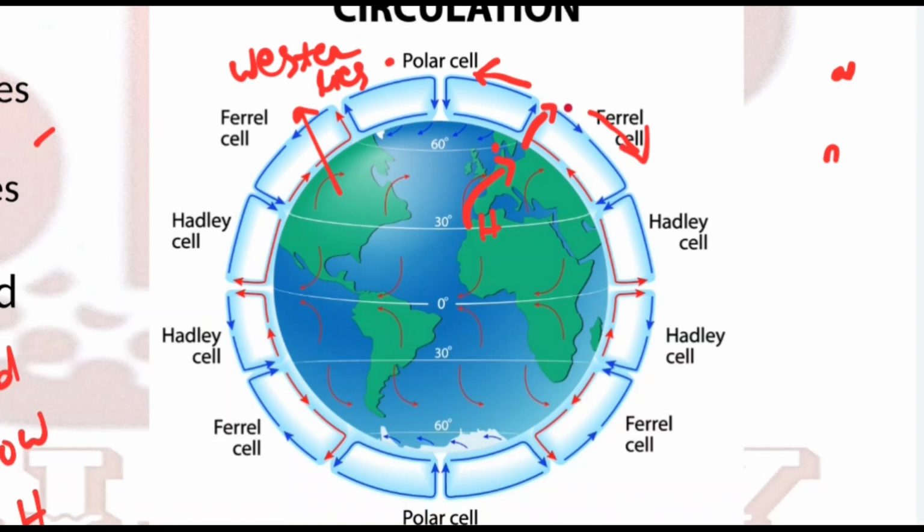The part moving towards the equator will descend at 30 degree latitude, and again move towards this region. So that is what the Ferrel cell will produce.